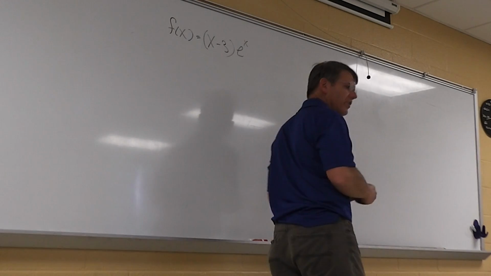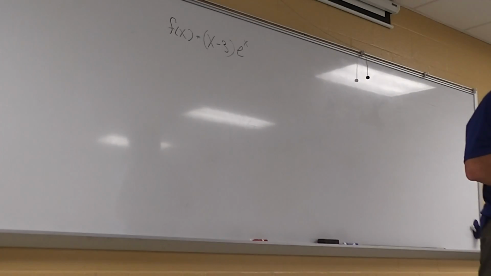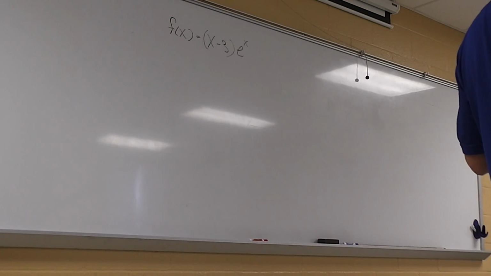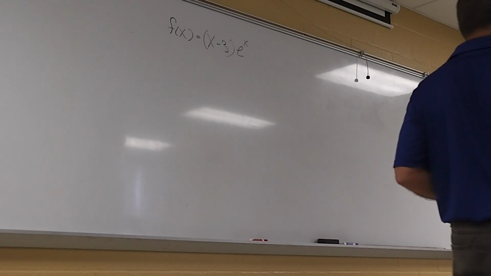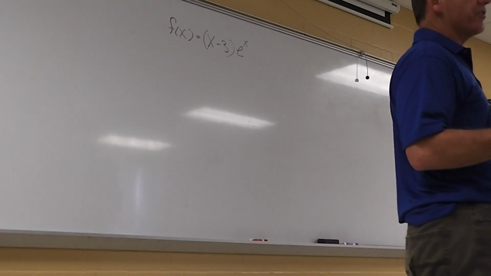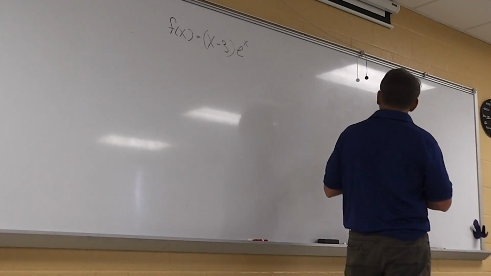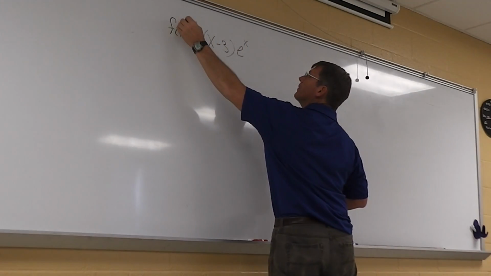Okay, now this one was, oh shoot, what was it? 2008 question 5, so a non-calculator question, right? So I couldn't just graph this and look at it, which wouldn't be justification enough anyway. If I want to find this, I'm told that x equals 3 is a critical number.